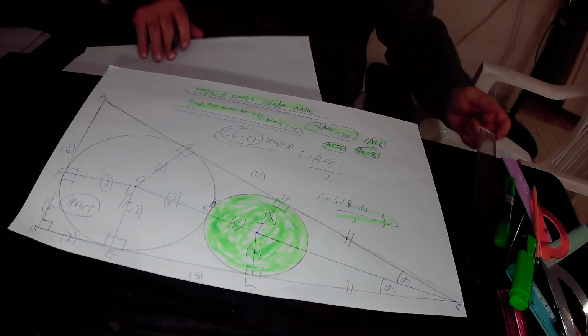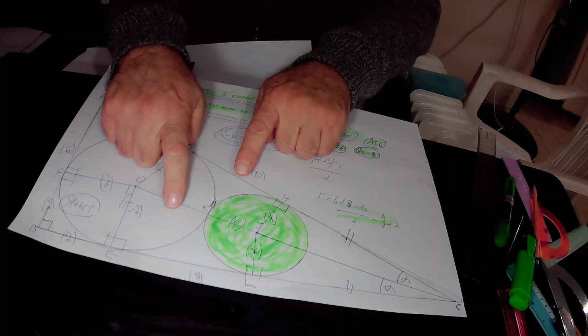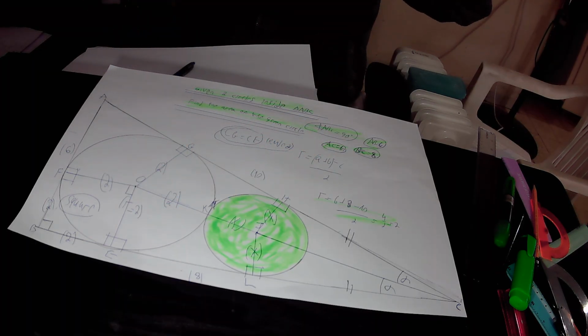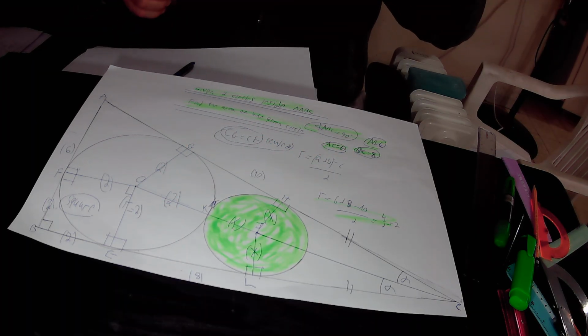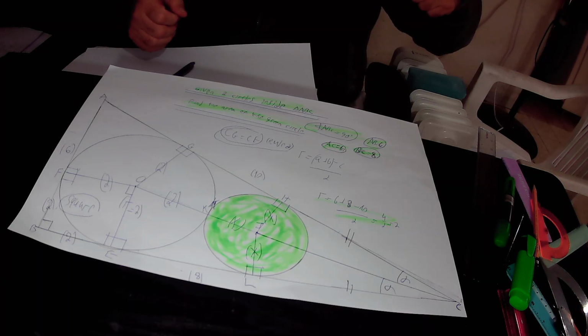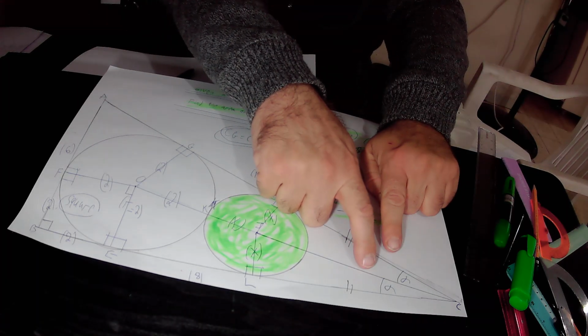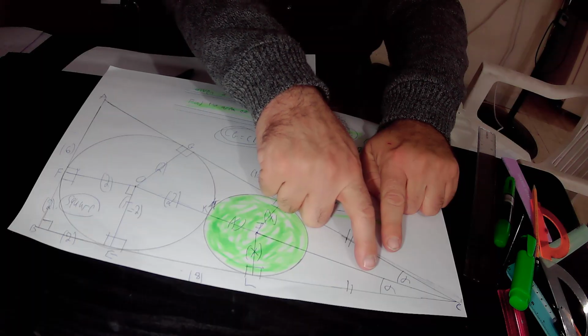From the fact that those two big right triangles are congruent, we derive that their corresponding angles must also be equal in size. Those are the two corresponding angles of those two right triangles.